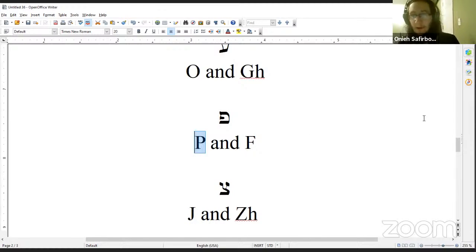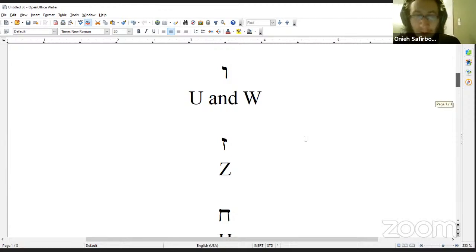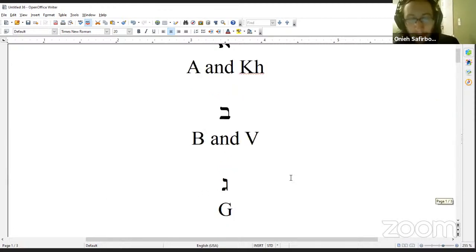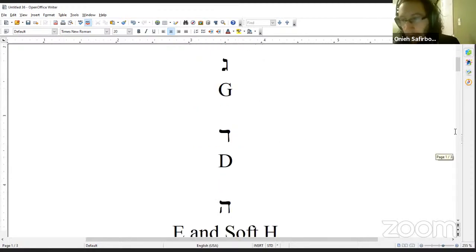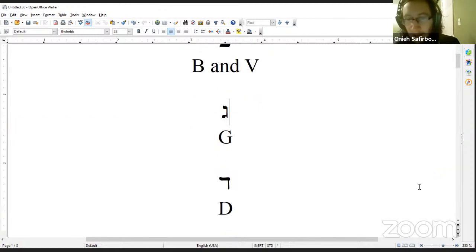So it follows the same principle. All these letters are following the same principle, where the harder sound comes first and the softer hissing sound comes second. At the end of a syllable, it has the hissing sound. At the beginning of a syllable, it has the harder sound.